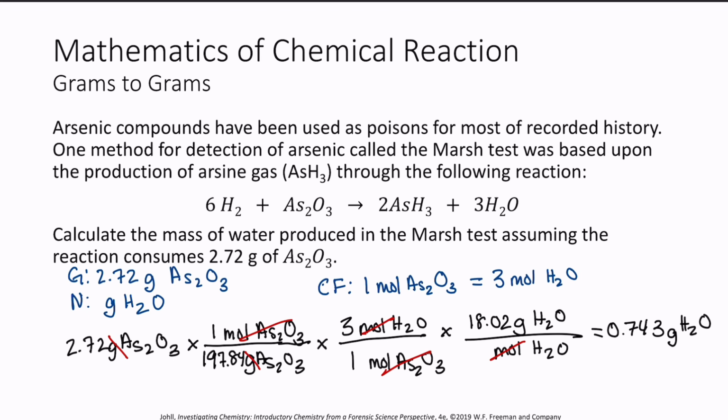Now, chemical reactions do not happen perfectly. So if I do this reaction and I have 2.72 grams of my diarsenic trioxide, then theoretically I can form 0.743 grams of water. So this is in a perfect world, in perfect lab conditions where there are no competing reactions. This is how much water I can get.